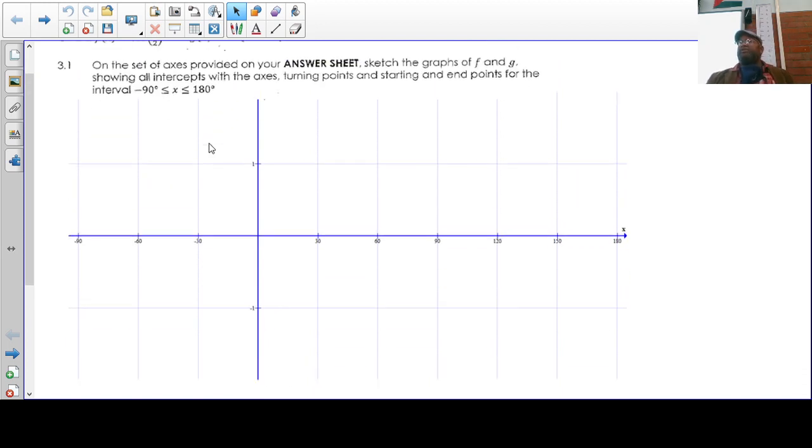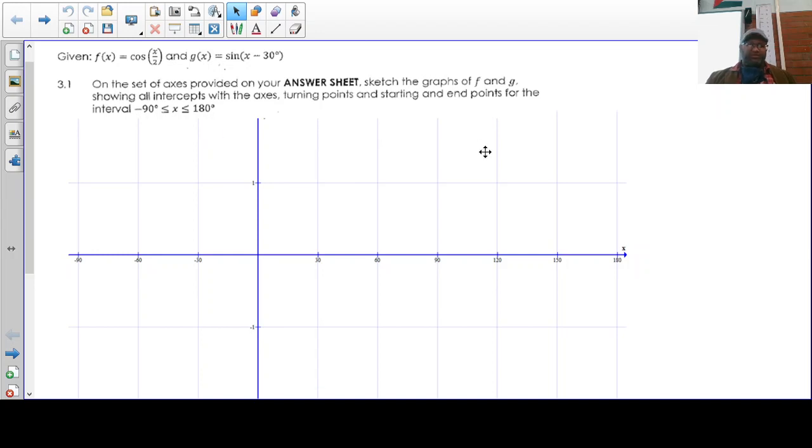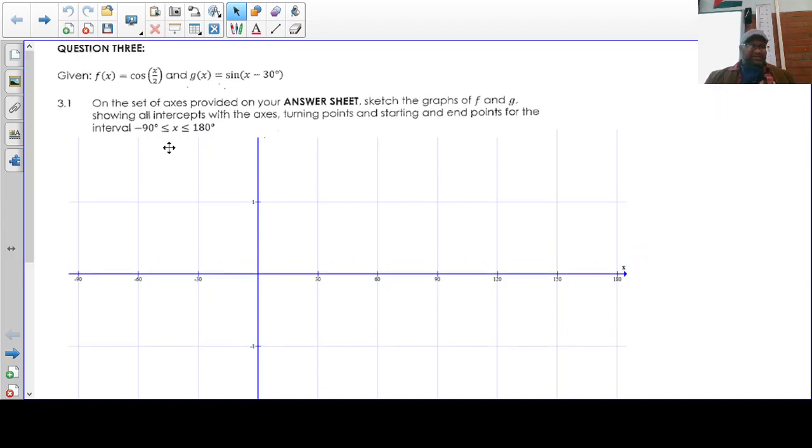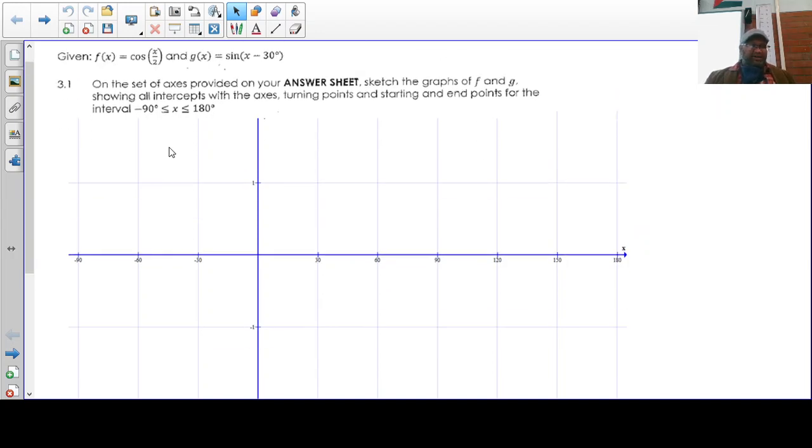Alright, so yesterday we got up until question 3. So I must answer now 3.1. We completed question 1 and 2. So in question 3, we are told that given f of x equals cos x over 2 and g of x equals sine of x minus 30.